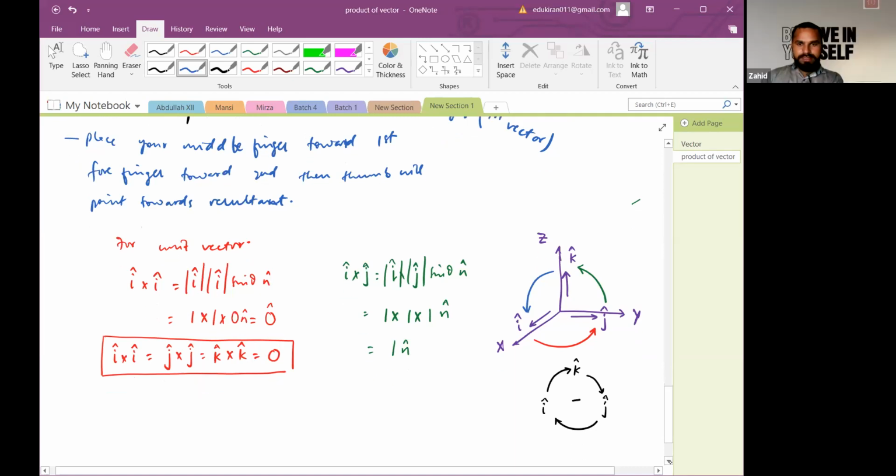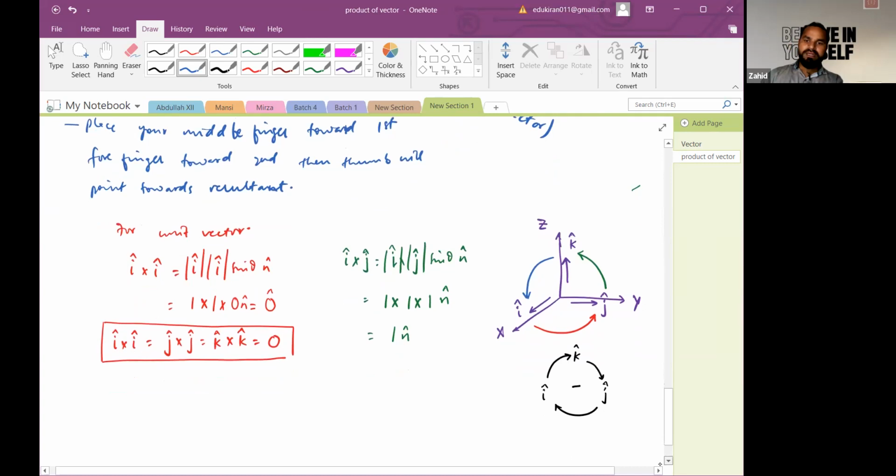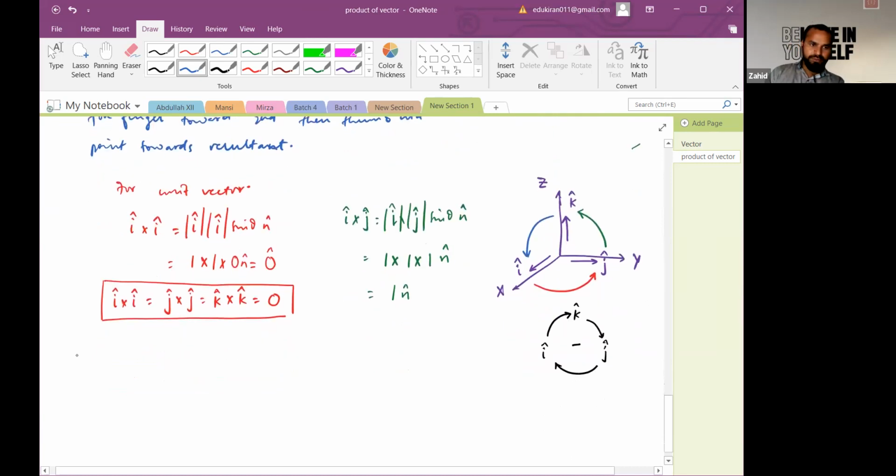Now using this, we have to take the product of two terms. A is equal to AX i cap, AY j cap, and AZ k cap. B is equal to BX i cap, BY j cap, and BZ k cap.